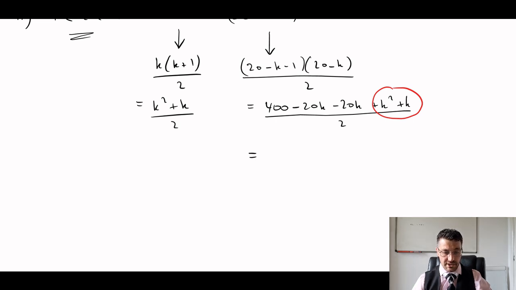So when we simplify, we get 200 minus 20k plus (k squared plus k) over 2.